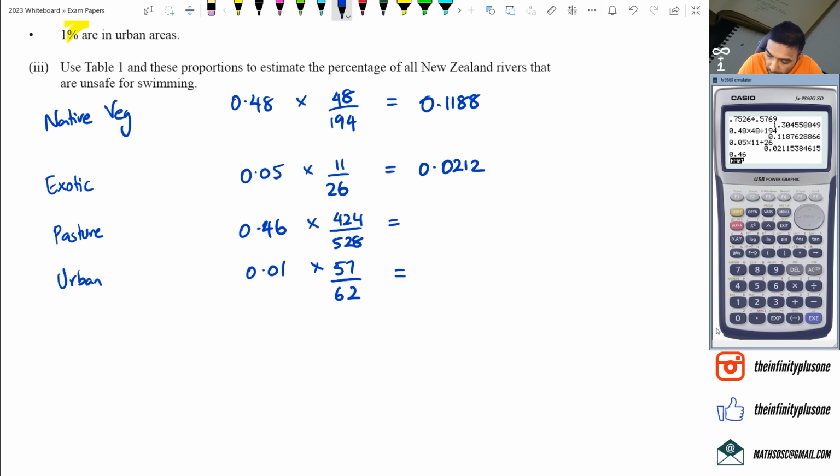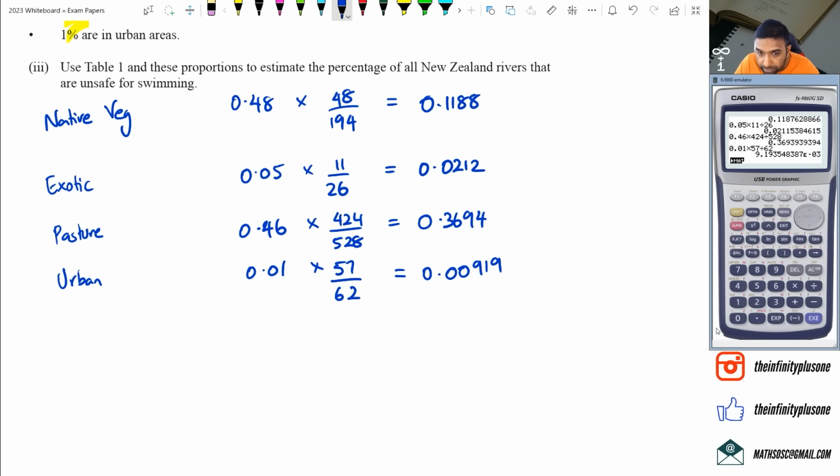Then 0.46 times 424 divided by 528, giving me 0.3694. And finally 0.01 multiplied by 57 out of 62, which gives me 0.00919.